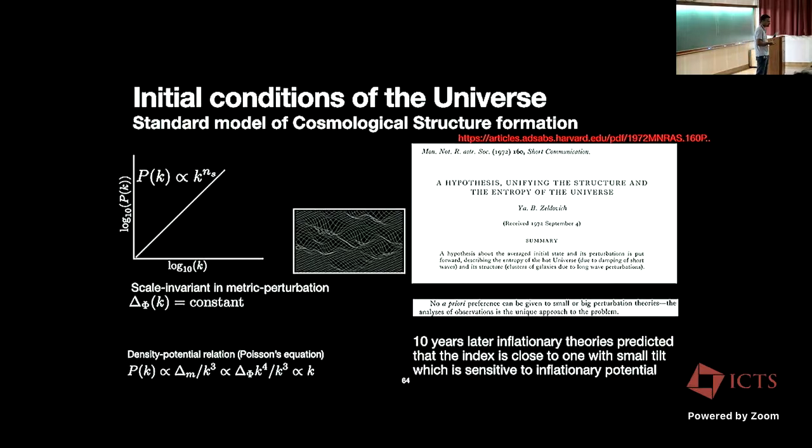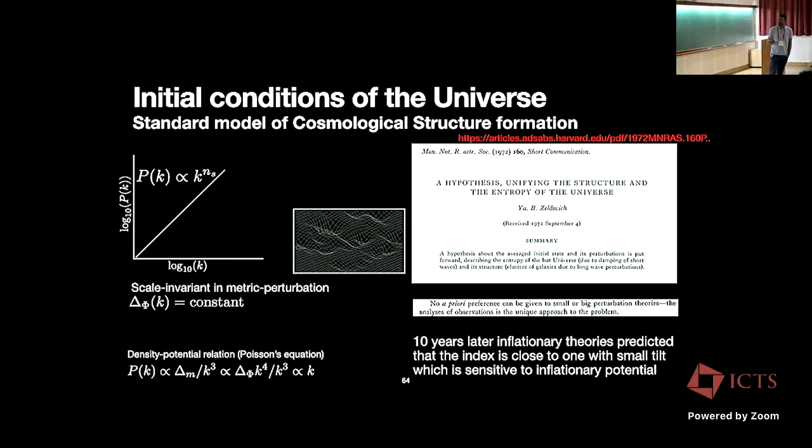There's no special scale. And if you translate that through the density potential relation, you're essentially going to find the power spectrum, which is written in terms of how the density is correlated, the two-point function, is directly proportional to k. So P is proportional to k.